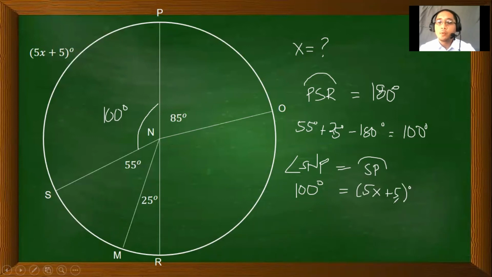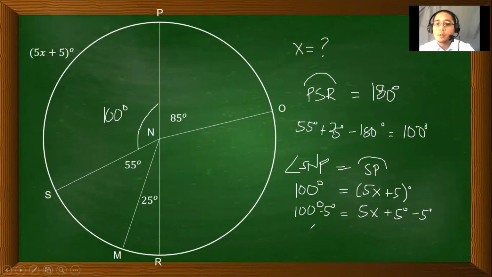First thing we'll do is apply the addition property of equality, where we will eliminate the 5. So we have 100 equals 5x plus 5, and we subtract both sides by 5 degrees.